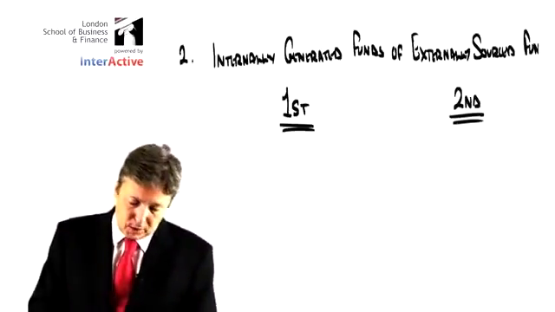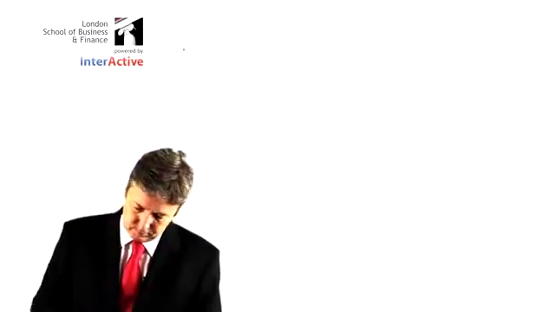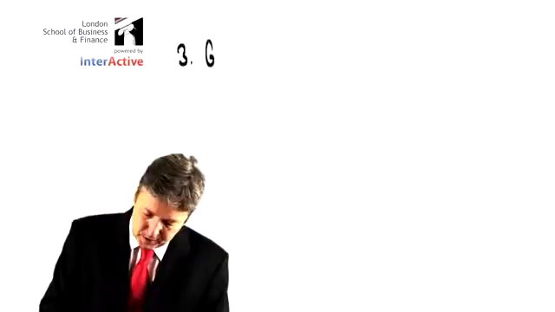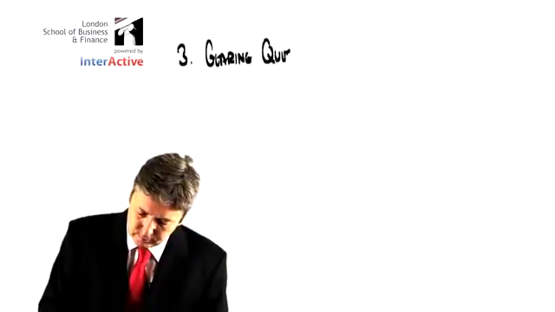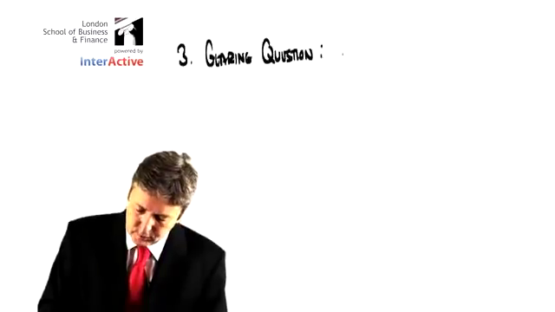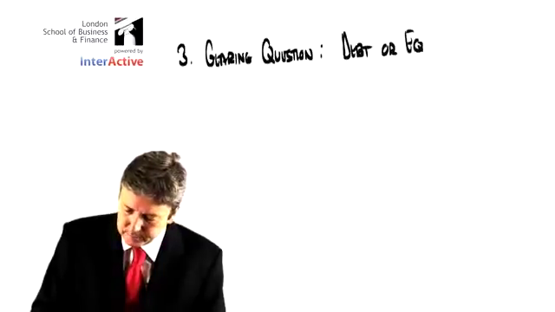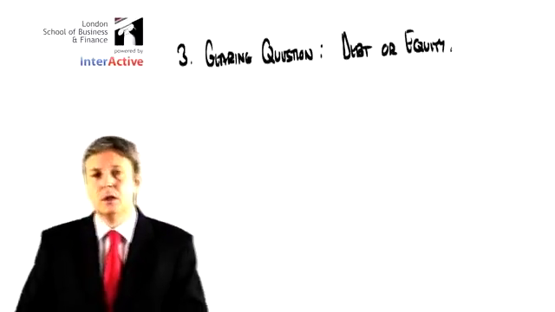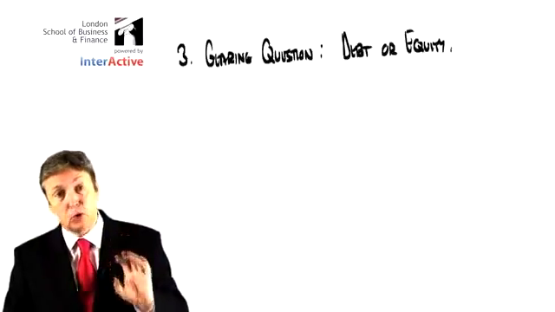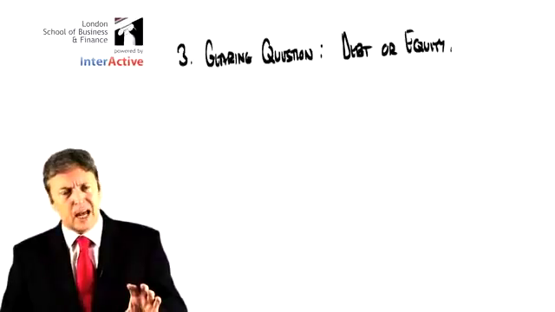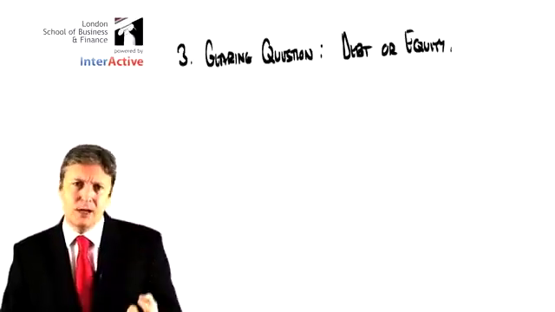That brings us to the third question. The third issue is, if you wish, the gearing question. Do we fund the business by debt or equity? Do we wish to take out a bank loan, or do we wish to issue more shares? Now, we are going to look at this area in many different ways.